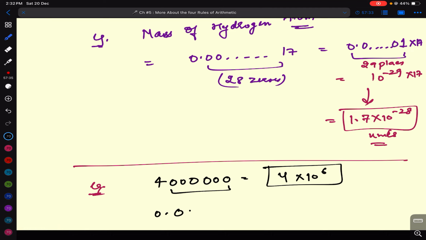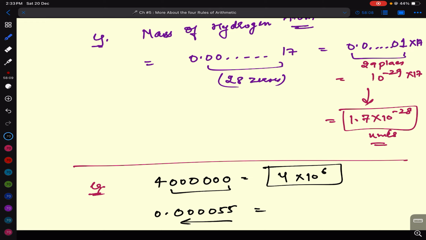Similarly, 0.000055. How many zeros? 4. Or otherwise you can also calculate it like this.